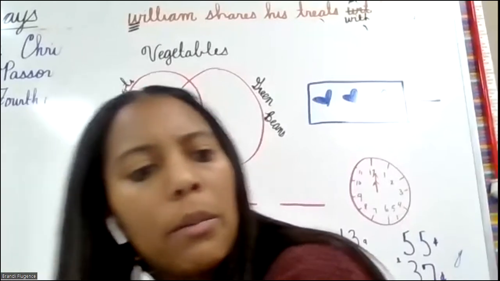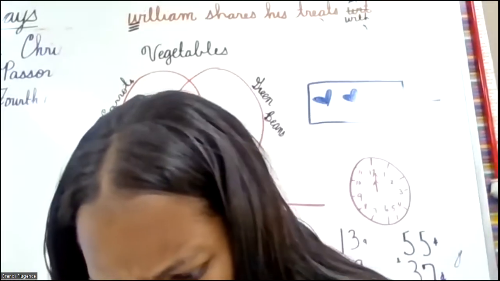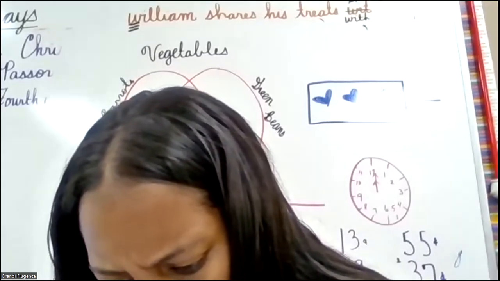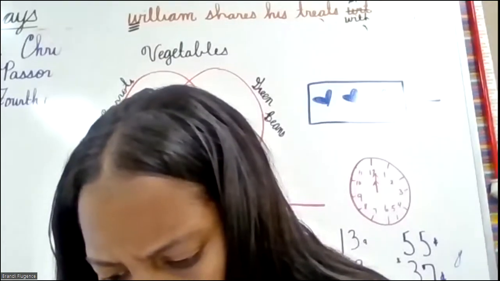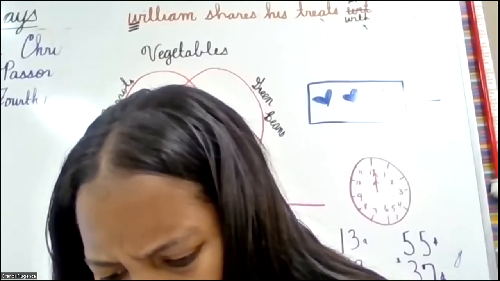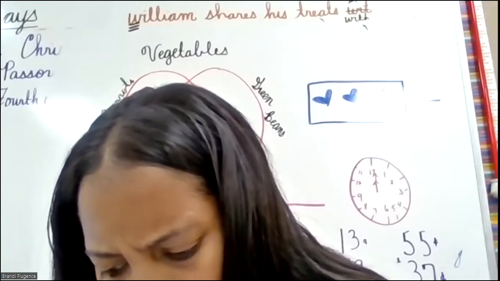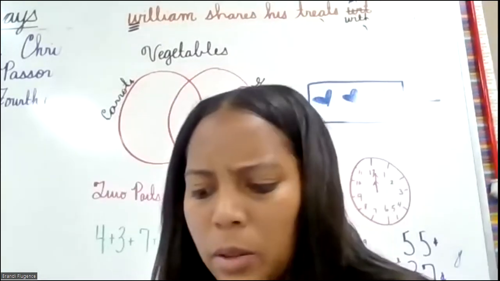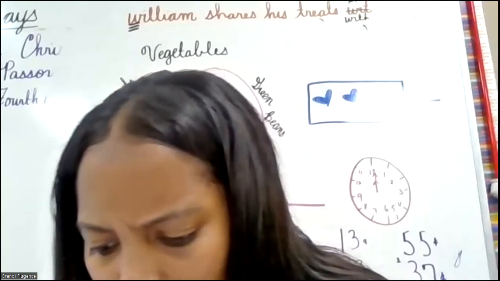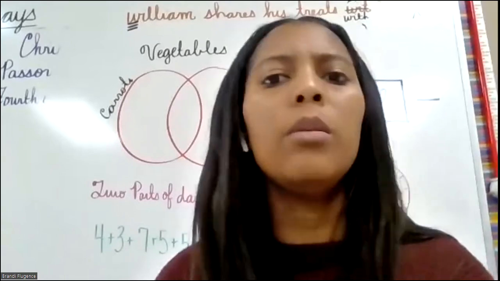Avaya, last one on the second row. 6 minus 1 equals 5. Next row.